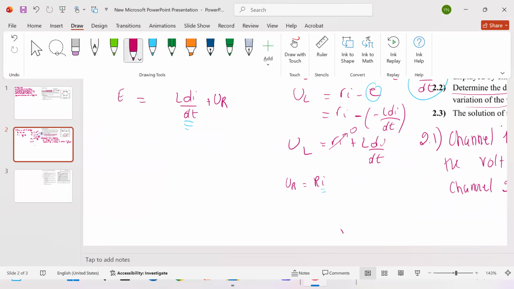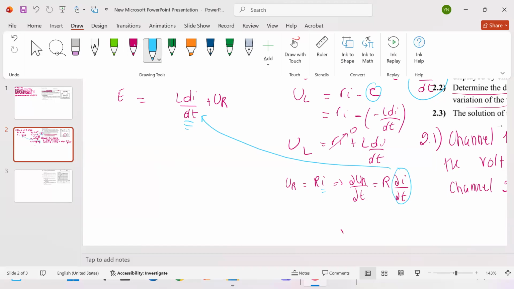Fine, find its derivative on both sides. You're not doing anything wrong if you derive both sides of the equality. So duR over dt equals r. It's a constant, so we can keep it out of the derivative. di over dt. And this is my di over dt that I'm searching for in the differential equation.